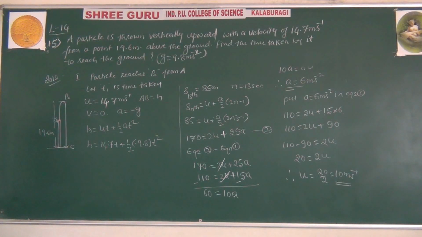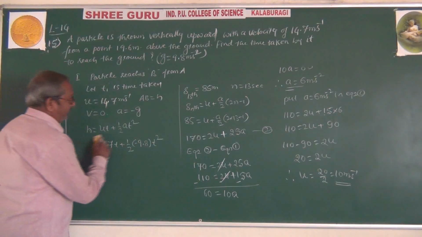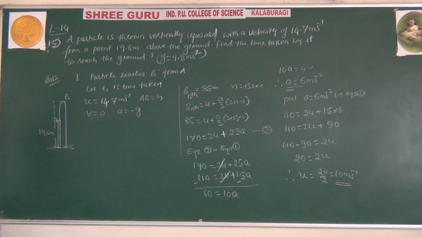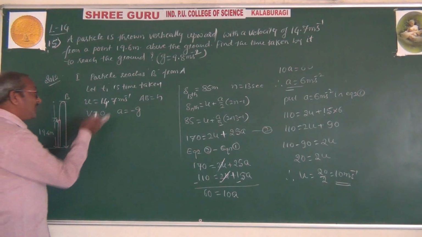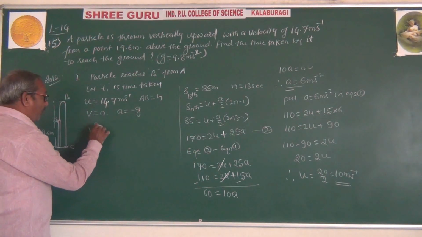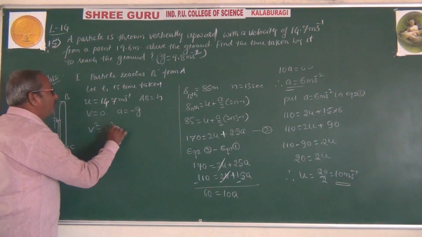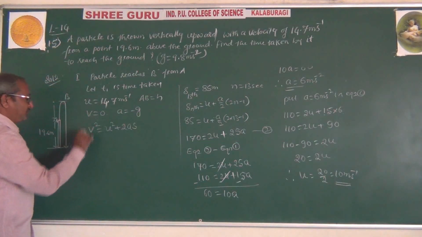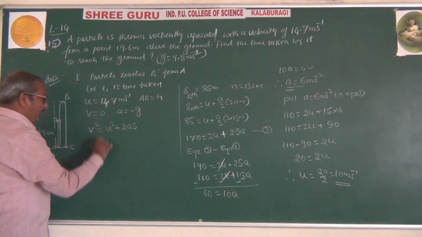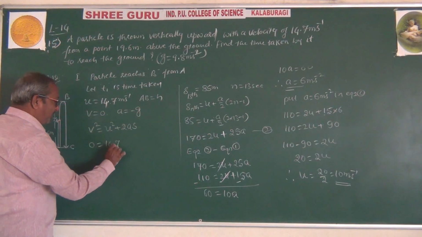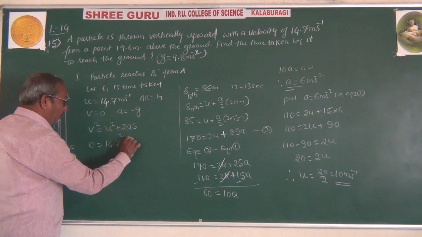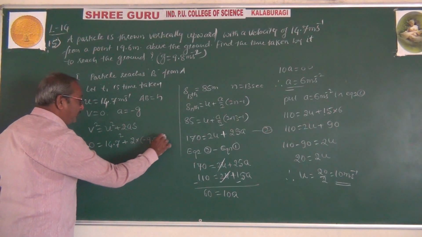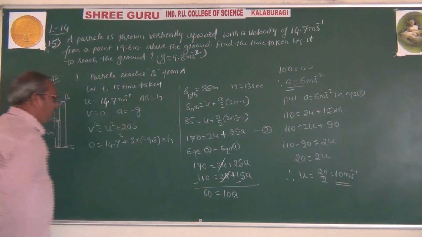So this relation cannot be calculated yet, because there are two unknowns. So first find s. For that you have v square equal to u square plus 2as, and v is 0, u is 14.7, a is minus 9.8, and s means h.